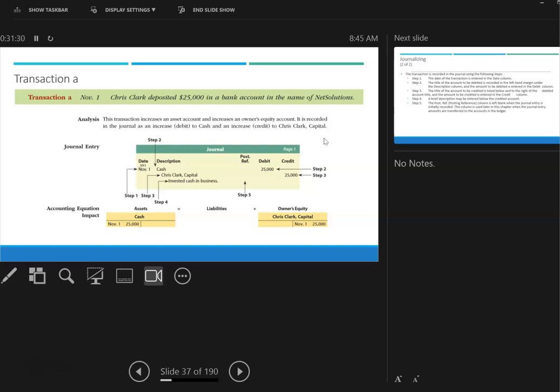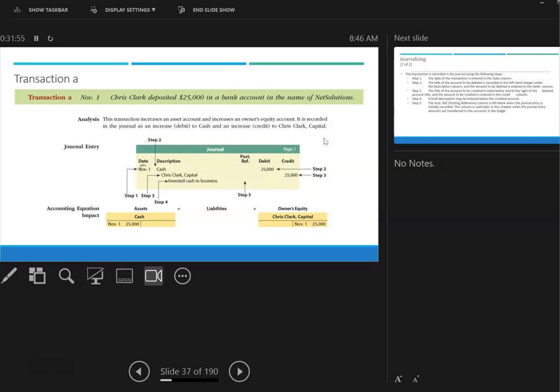And then after that journal entry, we can post. Now the software does it all, but we have to understand what the software is doing. So we're going to kind of do it ourselves this week, okay, in the homework. But do you see, we journalize this entry, and then we're going to post this entry to the various specific accounts.